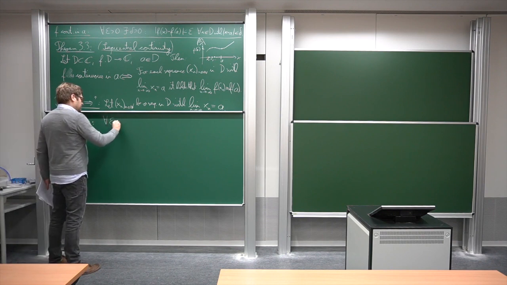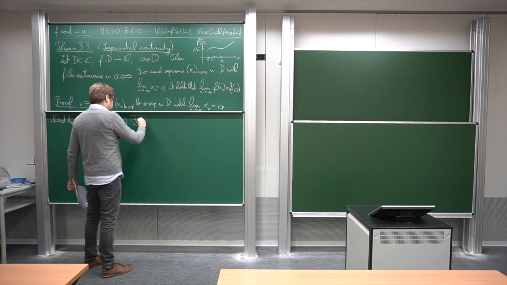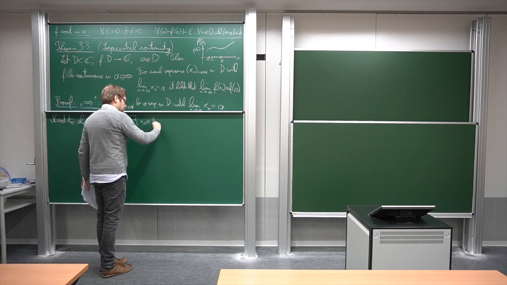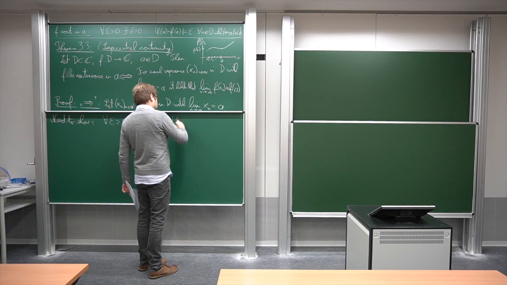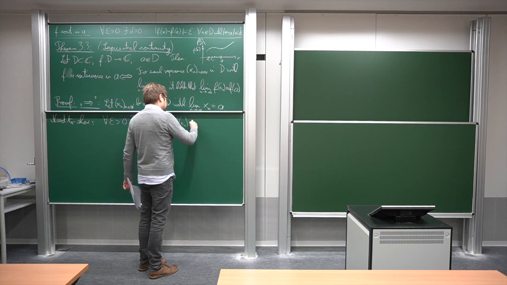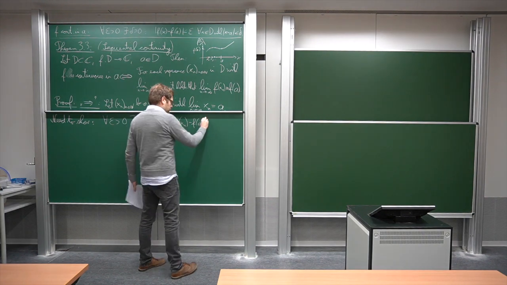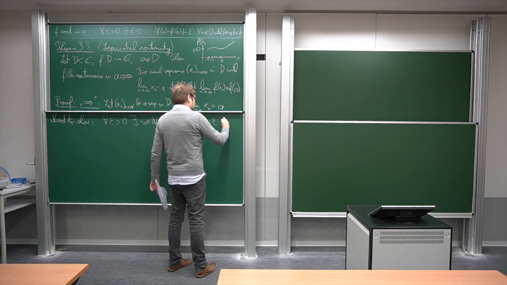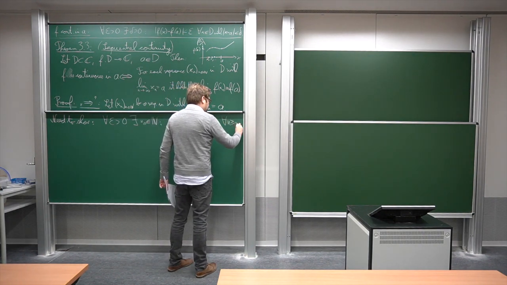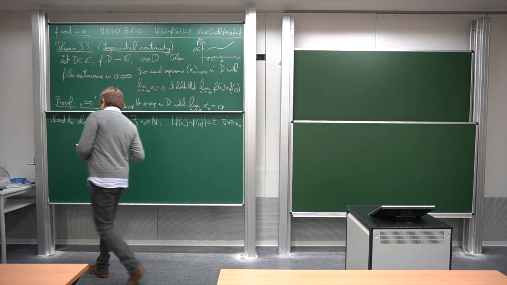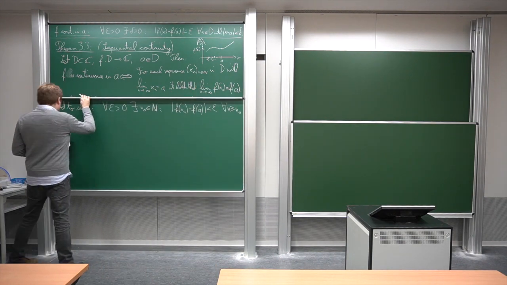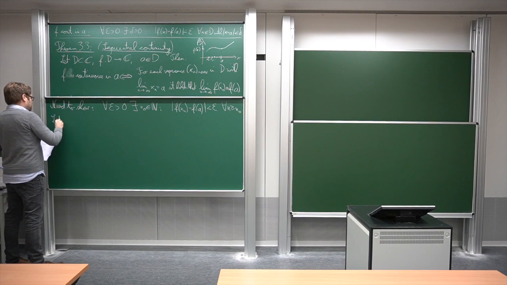for each epsilon bigger than 0, there exists an n0 in N such that the absolute value of f of xn minus f of a is smaller than epsilon for all n bigger than or equal to n0. So we want to show that this sequence converges to that value. Okay, so this we need to show. So we start with some arbitrary epsilon.